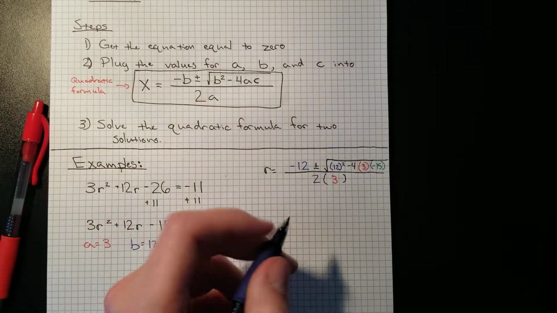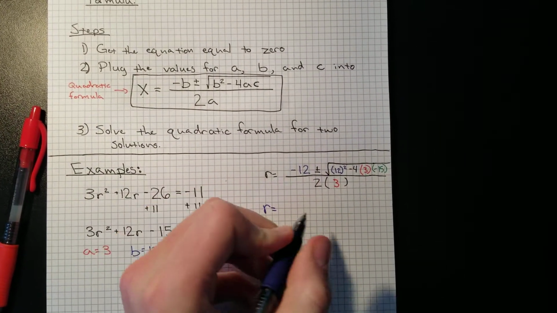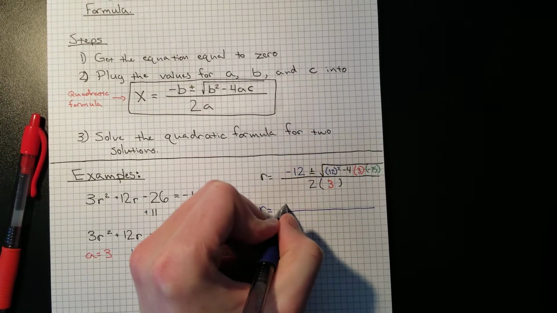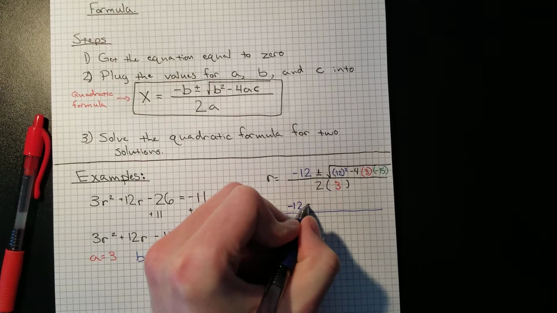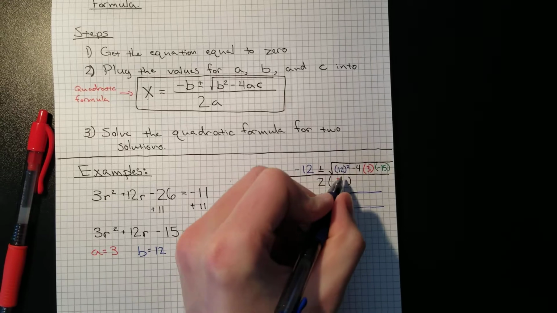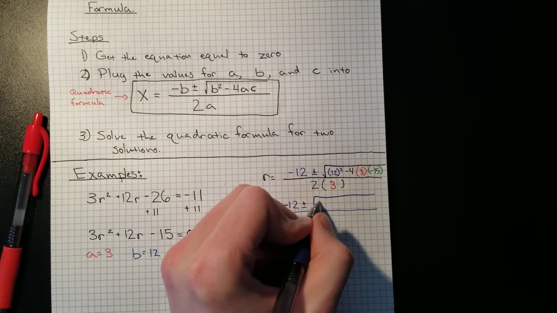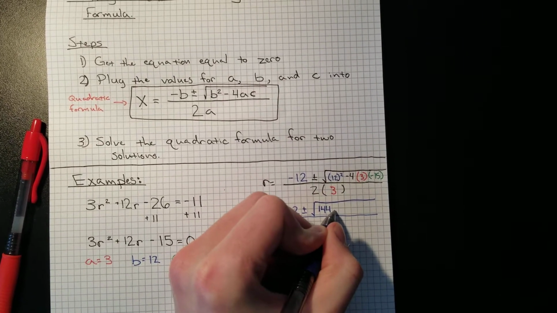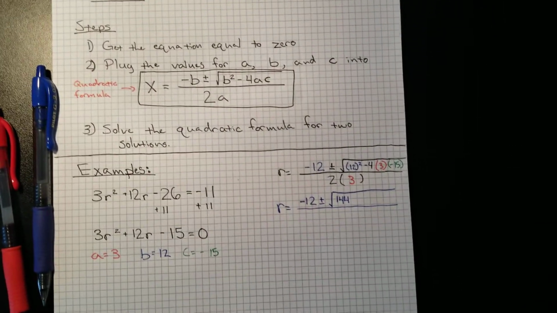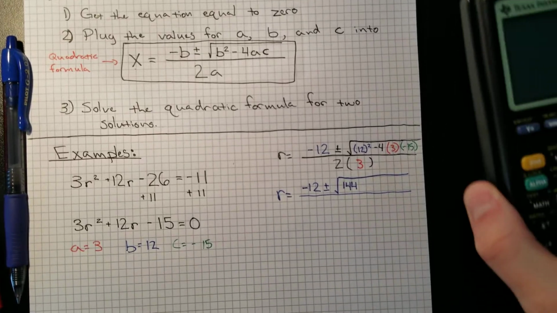So the first step for solving, we're going to start by just carrying down the negative 12 plus minus and square root. 12 squared, 12 times 12 is 144. And let me grab a calculator. We can do this all in one go.